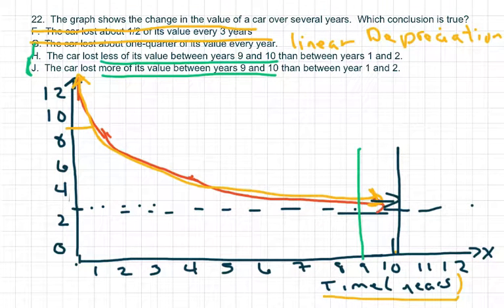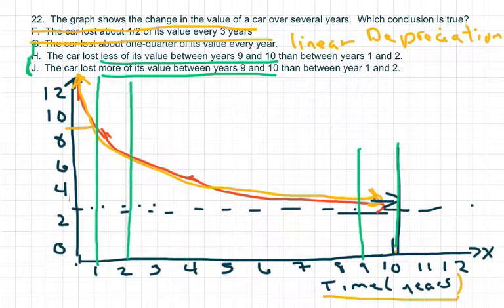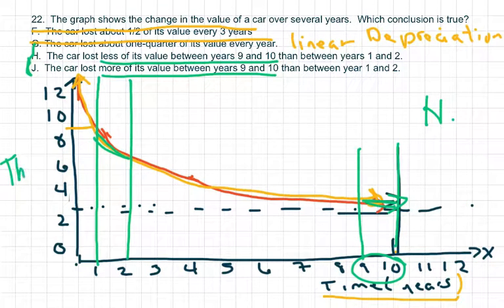And here's 1 and 2. So from 1 and 2, it lost a lot more value than it did here. It hardly lost any value between years 9 and 10. So the answer is H. This was in thousands. Okay? This is just kind of reading the graph. Alright?